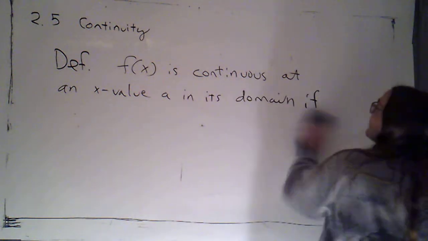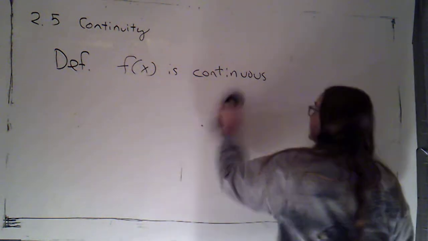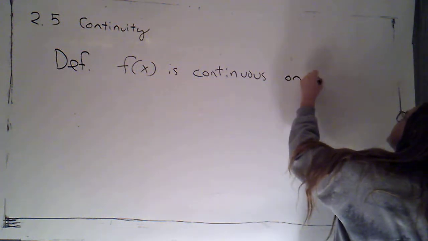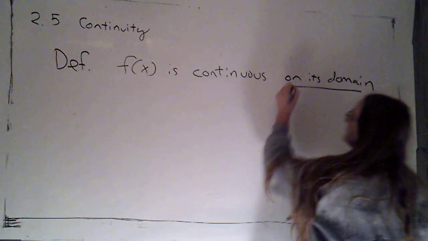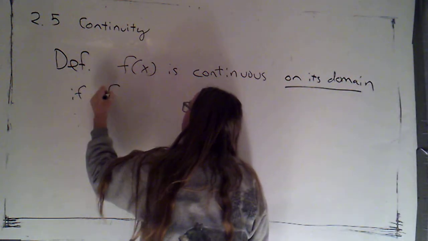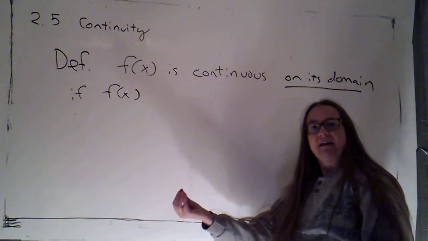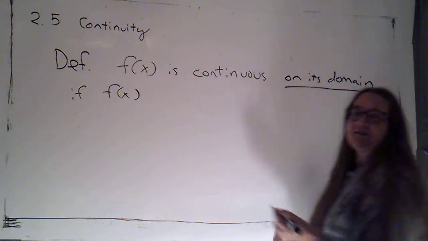Often we'll just talk about functions that are continuous on their domains. So f of x is continuous on its domain if, and all we do is we take that definition for individual points and we require that it be true for every point that's in the domain.